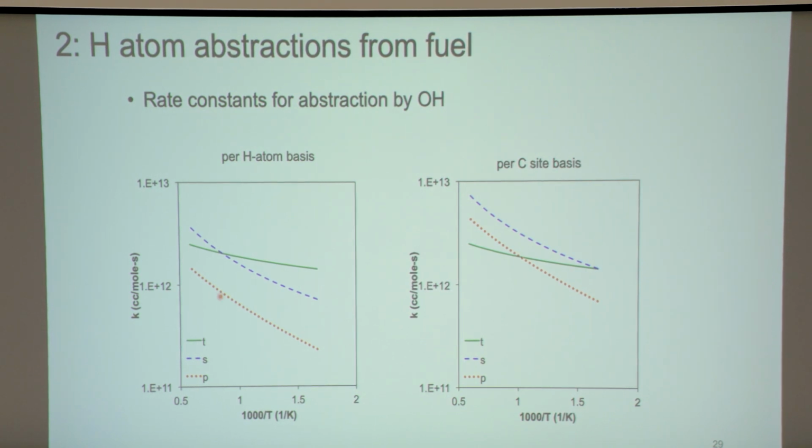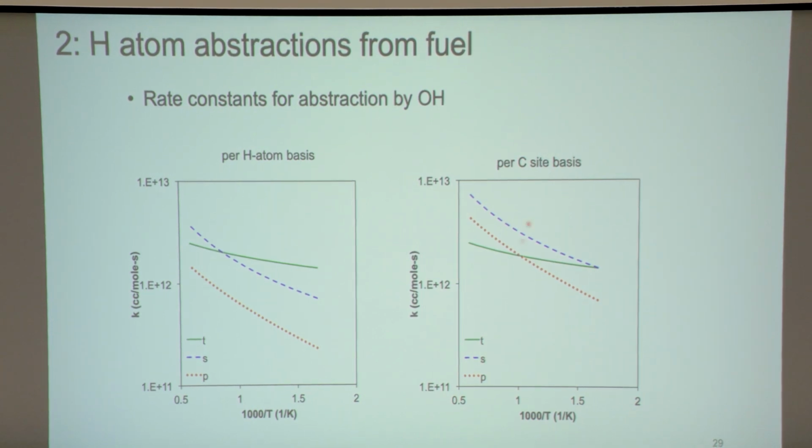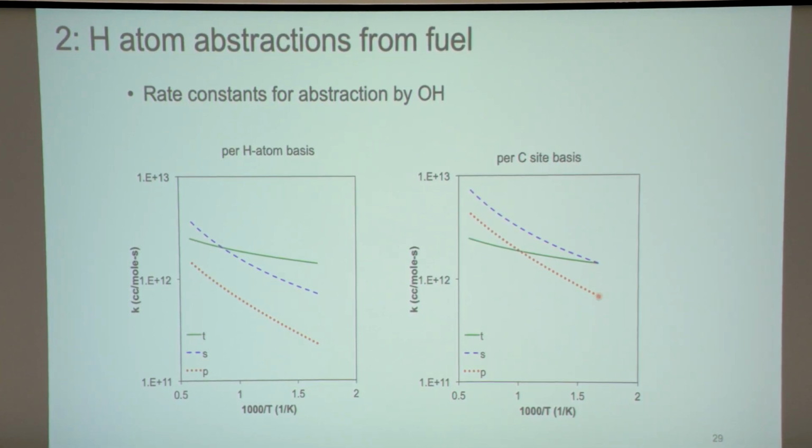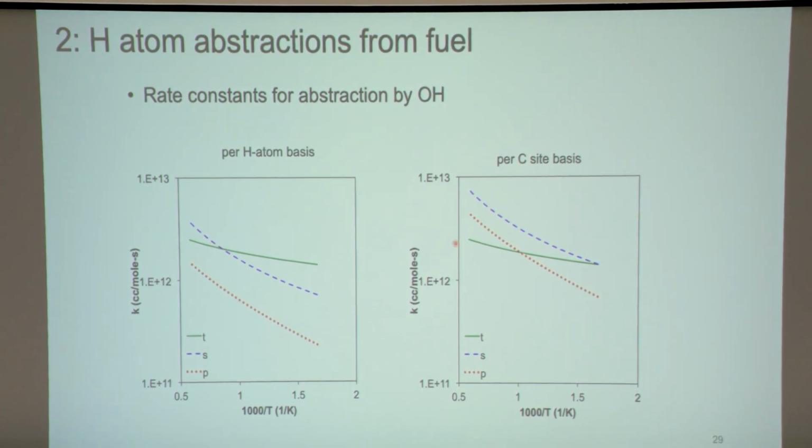They are the weakest in rate. But remember, on a per carbon site basis, we have 3 hydrogens on a primary, 2 hydrogens on a secondary, and 1 hydrogen on a tertiary. So we have to multiply all these rates by 3 for primary, 2 for secondary, and 1 for tertiary. So actually then you start to see all of these can be quite competitive with each other. So you should include them all in the model.